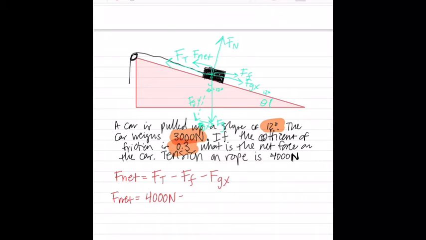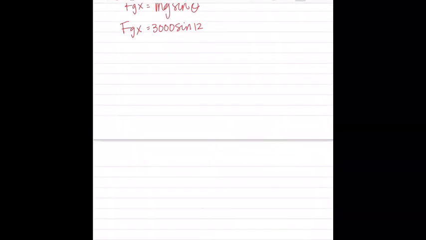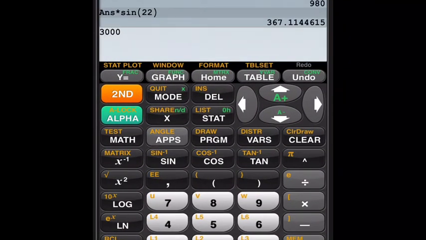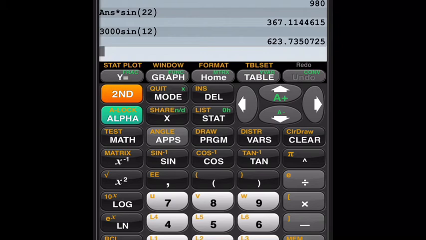Now we've already calculated Fg of x, so we can do that pretty quickly. Fg of x is equal to mg sine of theta. Our weight is given in newtons, so I can just go ahead and put 3,000 straight in. 3,000 sine of 12 is 623.